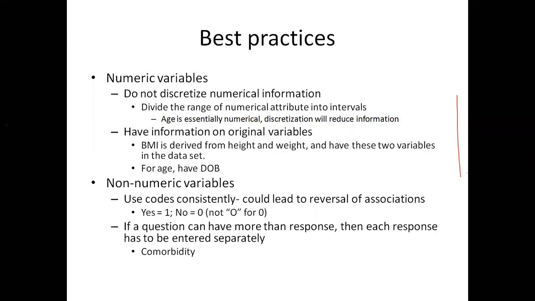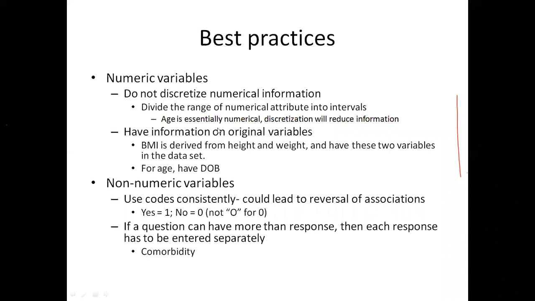So a couple of points on using numeric and non-numeric variables. In your data set, if you have a list of numeric variables, try to capture them as they are. One tendency is to divide the numeric variable into ranges and then represent them in intervals.